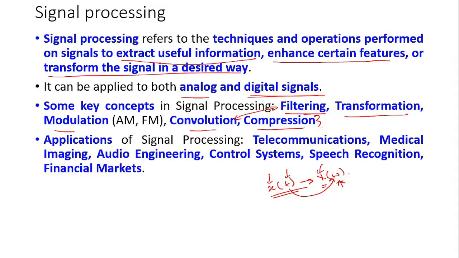However, we need to compress the signal in such a way that the information contained within the signal is not lost. Suppose I take his picture. I have nowadays a 56 megapixel, 50 megapixel camera, even in the mobile phone. So I take his picture.